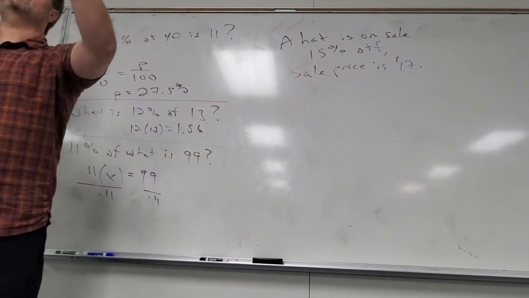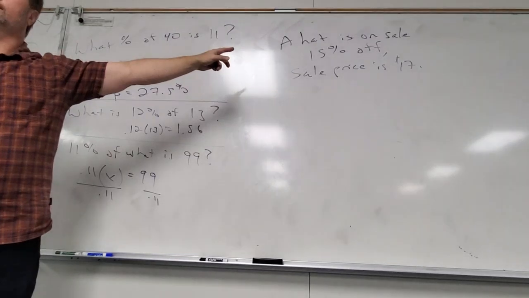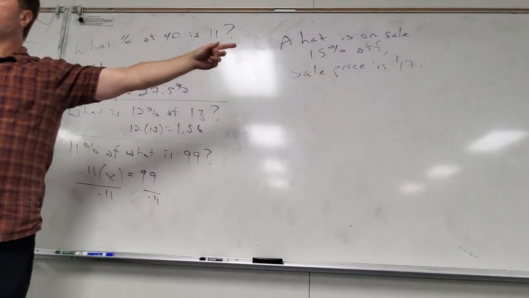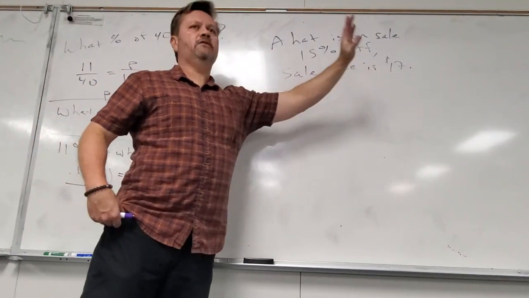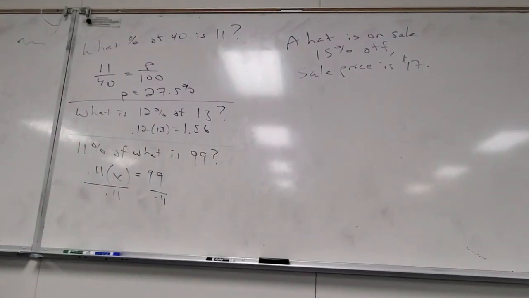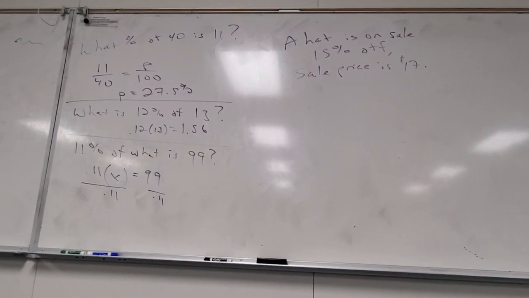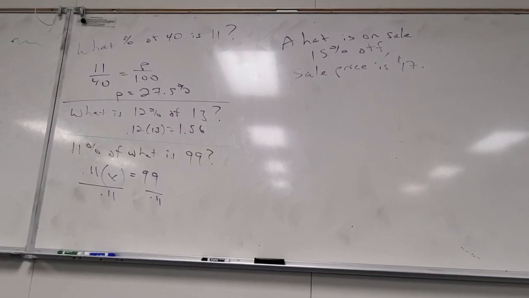What did I take 15% of to get to 17? Do we know what that number is? Would I do 15% on 17? No. If I knew the hat cost 30 bucks, how would I figure out how much it would cost after a 15% discount?